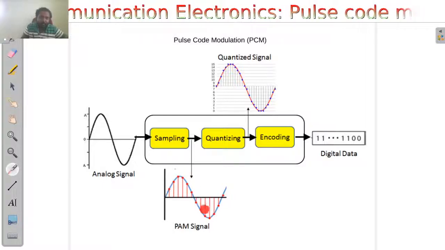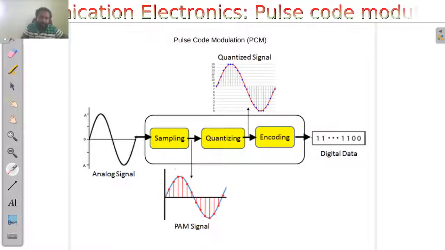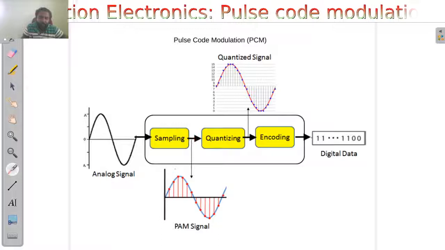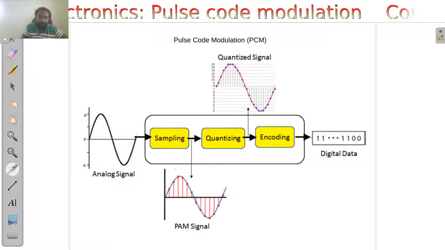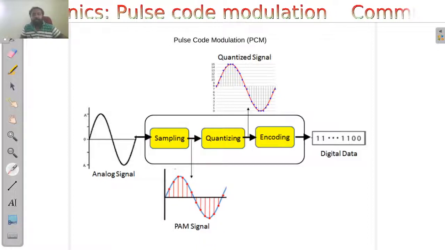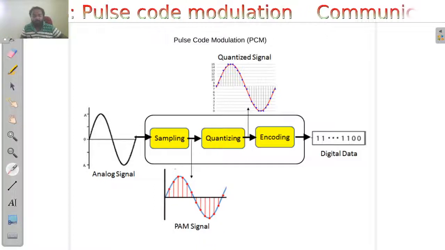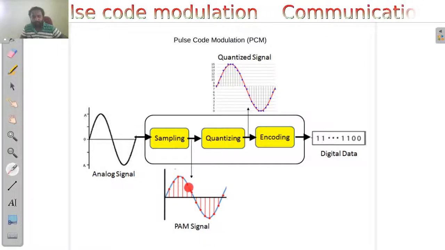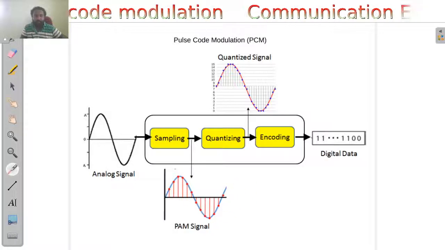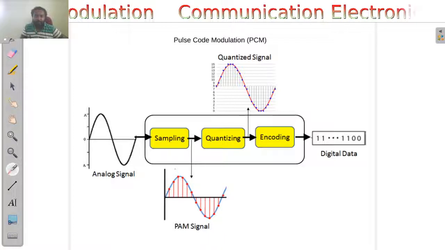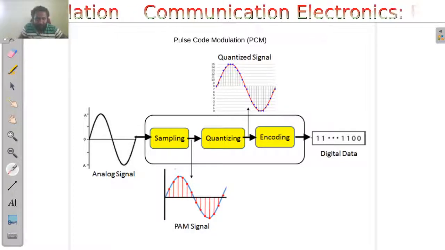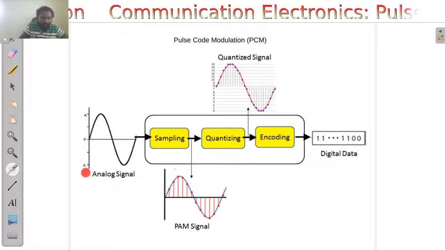So this is the sampled signal coming as the red colored signal out of the sampling module. Okay, so the output of the sampling module will consist of equally spaced samples representing the amplitude of your analog signal.